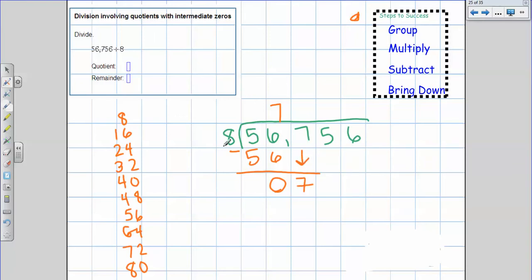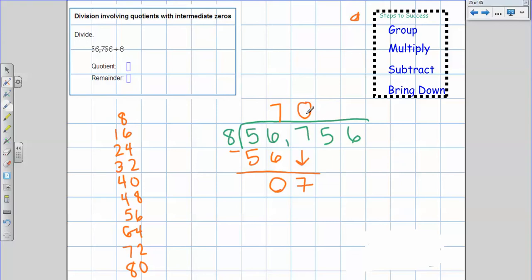So here's what's different: intermediate zeros. Once I get to this step, I'm always ready to group. So how many groups of 8 can fit into 7? Hopefully you're thinking to yourself, 0. So I'm going to put a 0 up top.